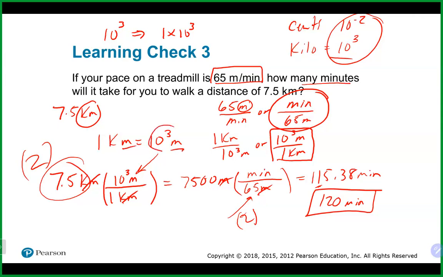So there would be 10 to the 3 meters in the base unit to one of the prefix units, which would be kilometers in this case. And that would be the same thing if we had something like in 1 centimeter, there would be 10 to the -2 meters, which is the base unit in this case. And it doesn't really matter the base unit. If you had 1 centigram, it would be 10 to the minus 2 grams, as grams would be your base unit in that case. So that's always how those go.